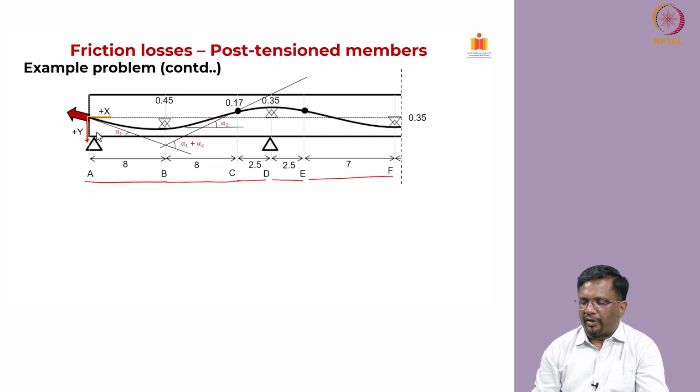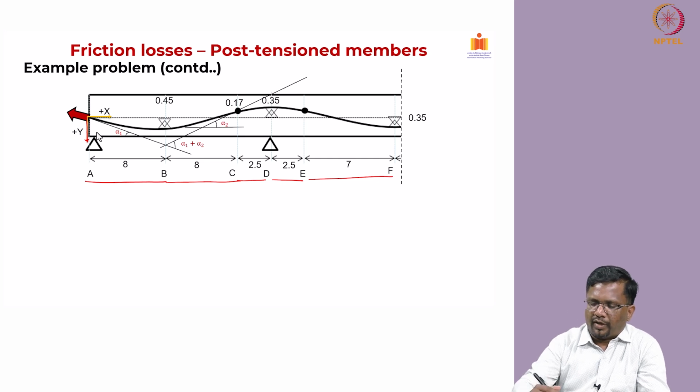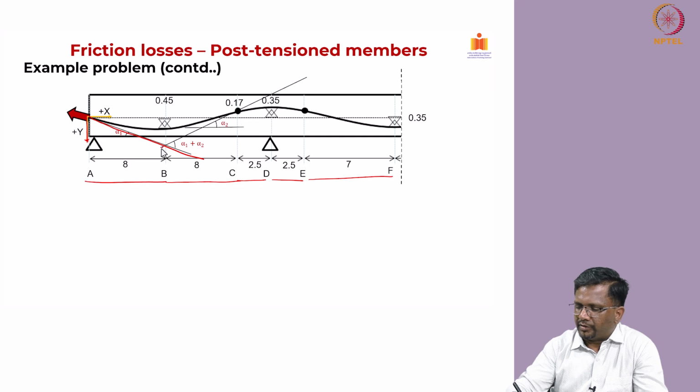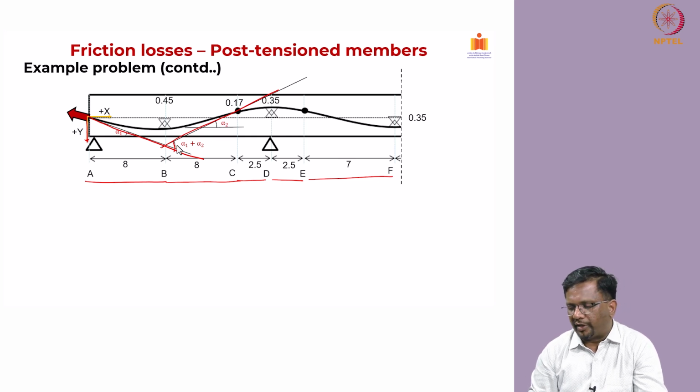Now, how to calculate the cable profile? When I draw a tangent at this point, the total angle change is going to be alpha 1 plus alpha 2. That is what we are trying to calculate between the two segments.